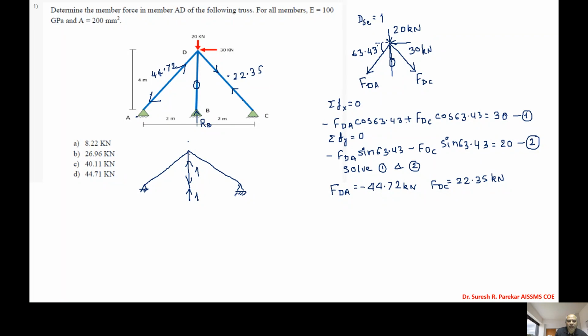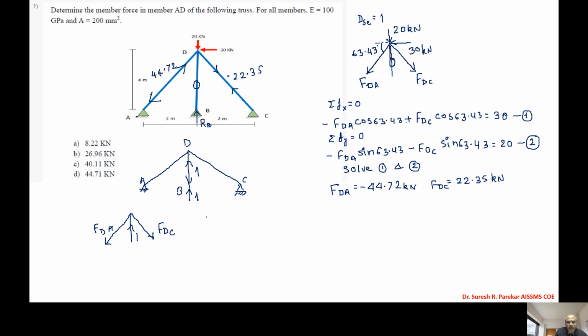So this is D. Now if we go to joint D, we have this as upward 1. This is FDA. So this is A. This is C and B. And this is FDC.